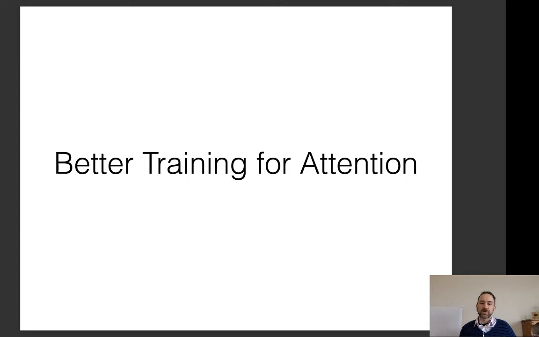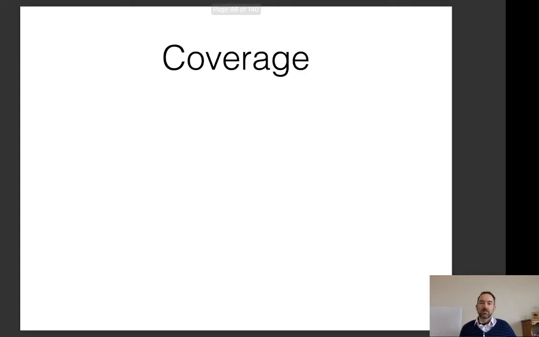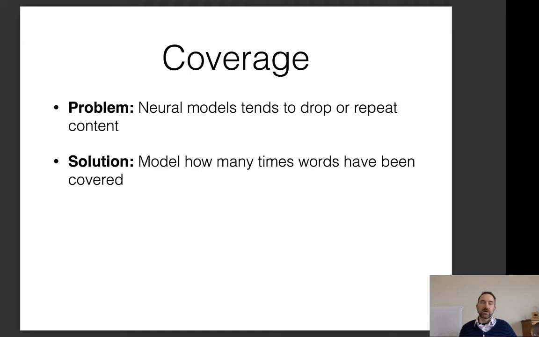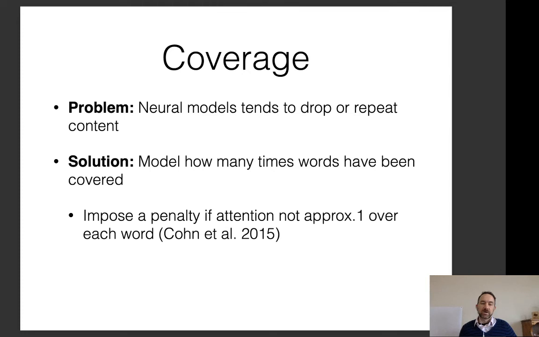There are also some better training methods for attention. One really important one, which can be used at training time or test time, is coverage. The problem is that neural models, especially when they're not trained well or when they're tackling a very hard task, tend to drop or repeat content. One solution to this is to model how many times words have been covered. One way you can do this at training time is imposing a penalty if attention is not approximately 1 over each word.